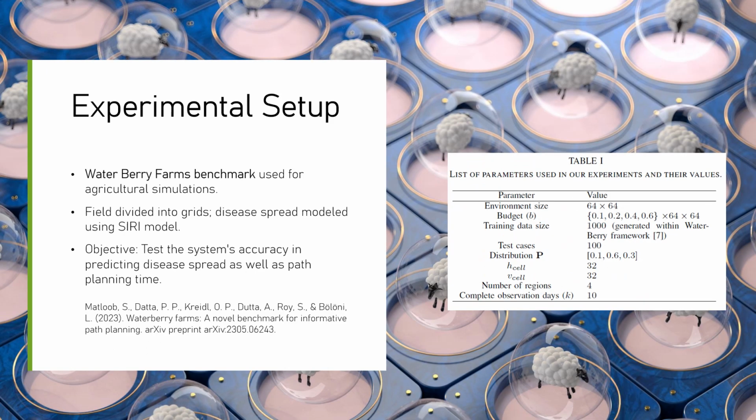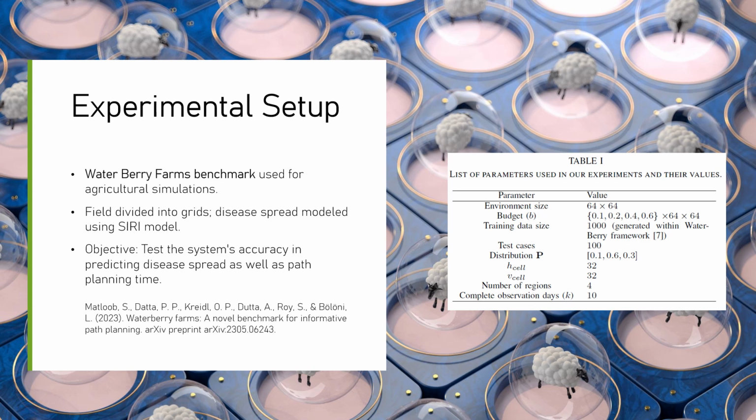So for the experiments, we have used the Waterbury Farms benchmark that is used for agricultural simulations. That benchmark has previously been proposed by us, and it is on arXiv right now. And this can be used not only for disease monitoring and disease spread modeling, but also for informative path planning, like we are doing in this paper.